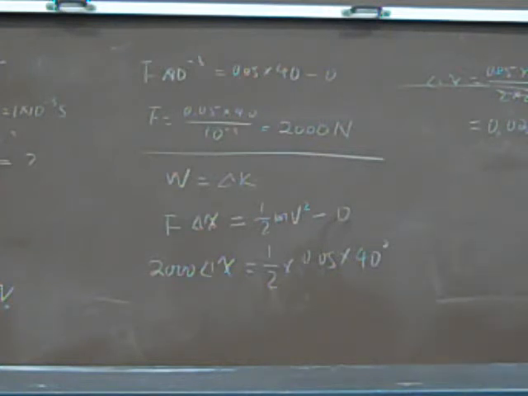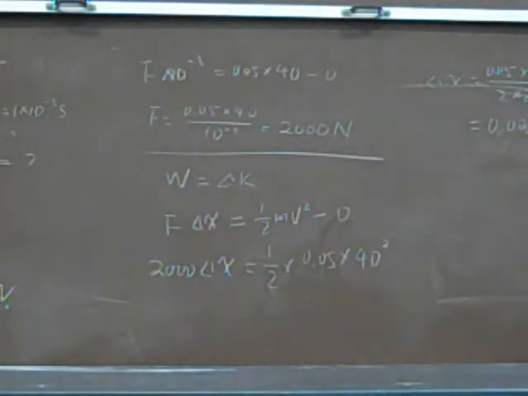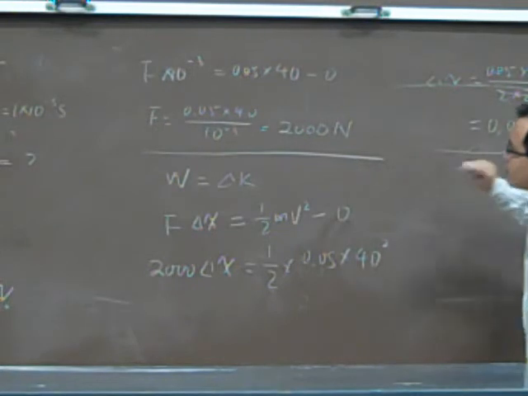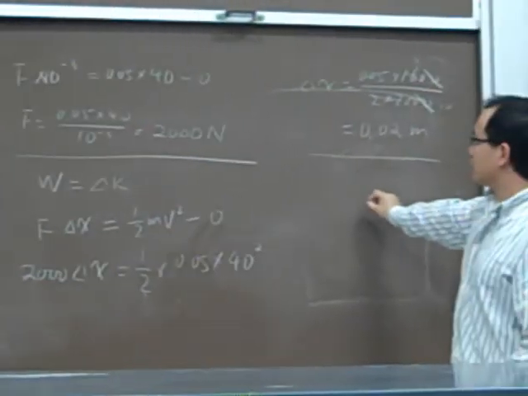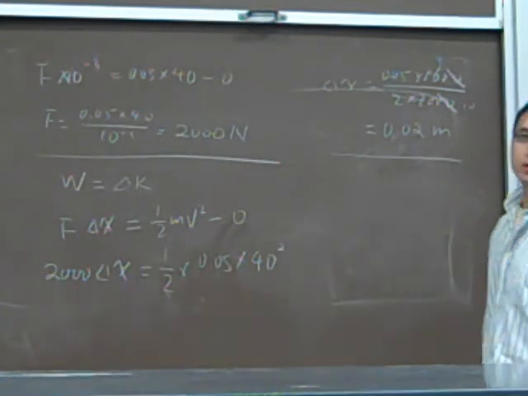Please help me check if I'm getting the right answer. That's right? Okay. I cannot ensure all my calculations are correct, as usual. So now the distance is 0.02 meter.